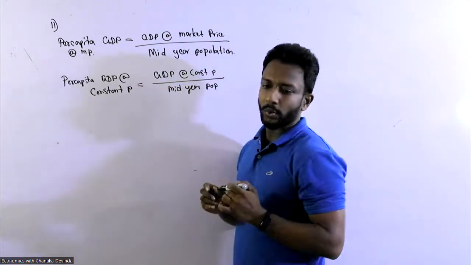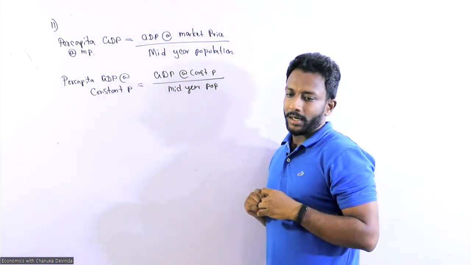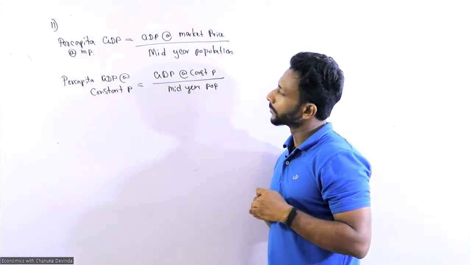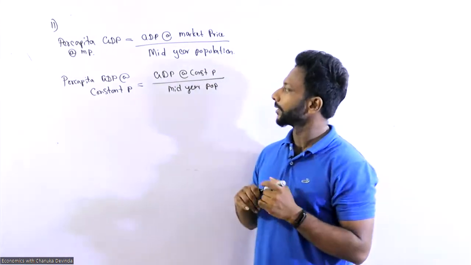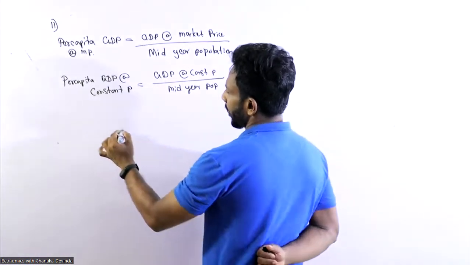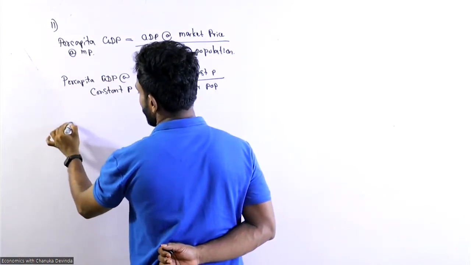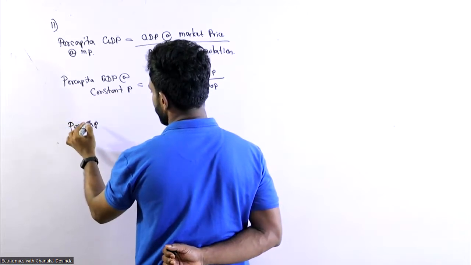Right. So there's one more. What is it? Fixed price. Right. Per capita GNI. That's why there are 3 boxes.